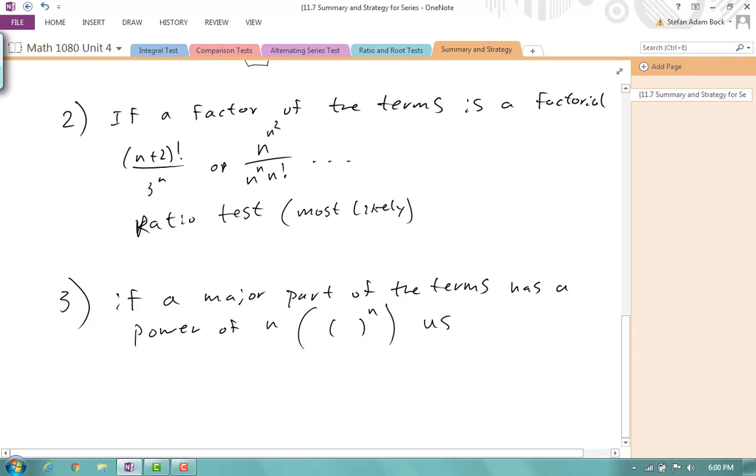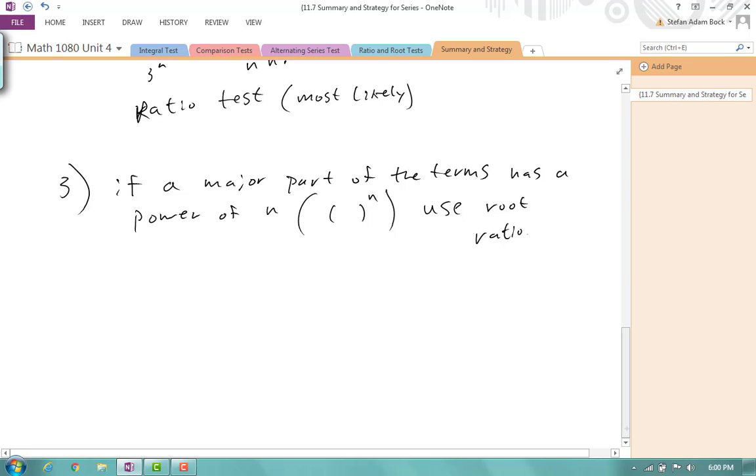We're going to use either the root or the ratio tests. They are often interchangeable in these situations, but sometimes the ratio test is going to be more work than the root test. Maybe the root test will be more work than the ratio test. There's not really a way to tell until you actually get into doing it.